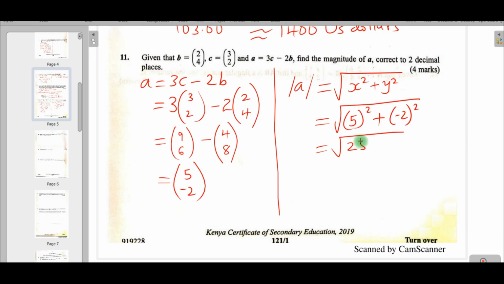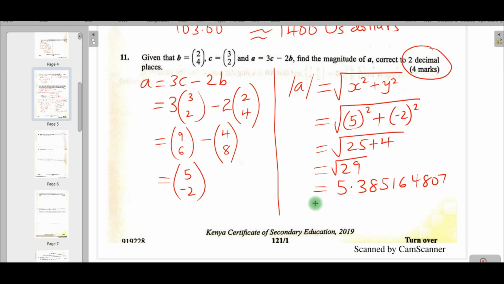So this will be the square root of 25 plus 4, that is 29. And therefore, from the calculator, it is 5.385164807, but required to 2 decimal places, so that will be 5.39 units, that is to 2 dp. So that's very important in following the instruction.